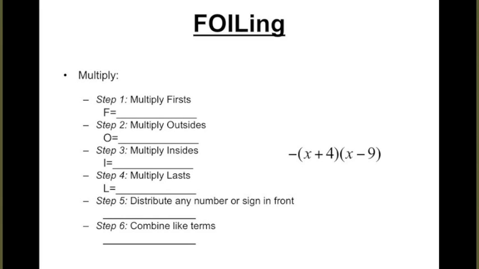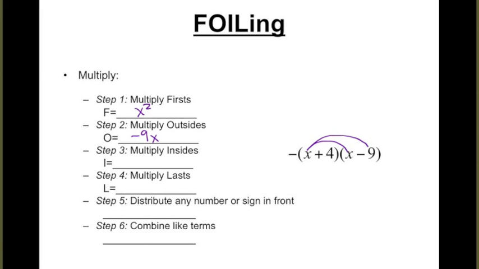When it says first, we multiply the first thing in each parentheses by each other. So that gives me x times x, which is x squared. Then outside is really still just distributing that x and multiplying it by the outside thing. So that gives, remembering signs, a negative 9x, because negative 9 times x.